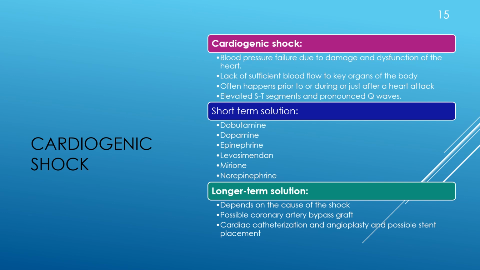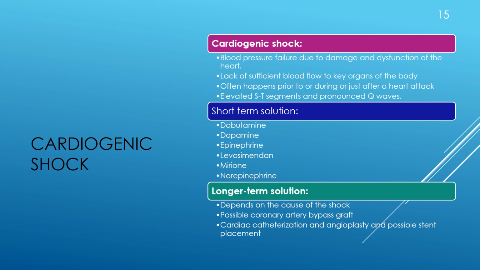You have short-term solutions, and you have long-term solutions. The short-term solutions are that you could give epinephrine, dopamine, or dobutamine; you could give all these choices as a short-term option. The long-term solution depends on the cause of the shock. Exactly what was wrong? Was it a valve problem?